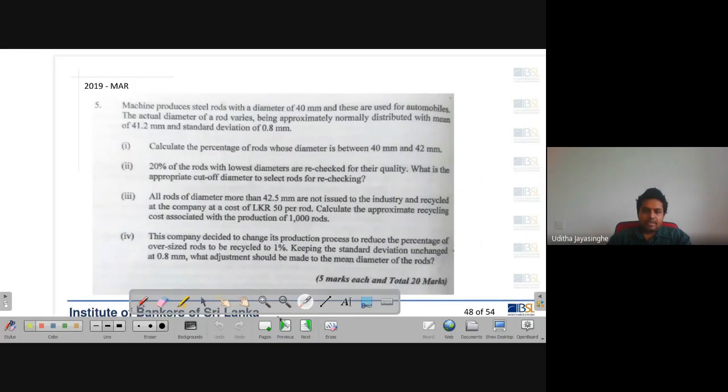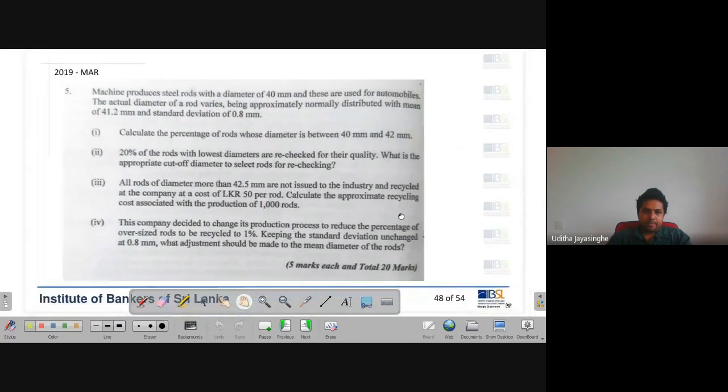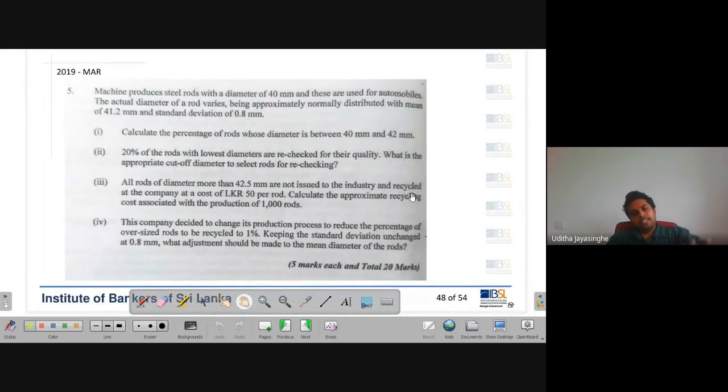Okay, now these are those couple of good questions that I mentioned. A machine produces steel rods with a diameter of 40 millimeter, and these are used for automobiles. The actual diameter of rods varies, being approximately normally distributed with a mean of 41.2 and a standard deviation of 0.8 millimeter. What are these values?